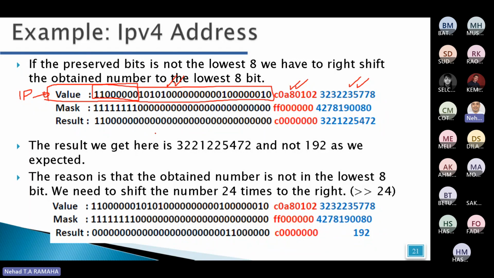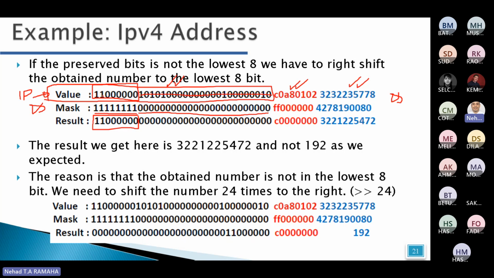To take these 8 digits, we will make the AND operator with a mask where the 8 digits here are 1 and all other parts are 0. So if you make AND, you will convert all this into 0, except this part, which you will take as it is, as you can see here. So this is the meaning of the AND operator with the mask.